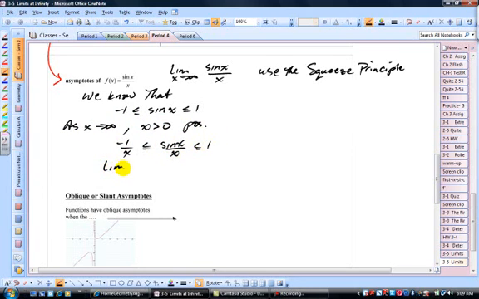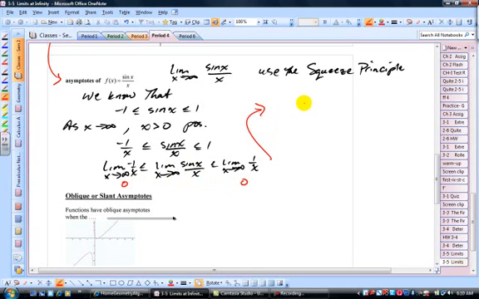I'm going to take the limit now as x approaches infinity: negative 1 over x there, and the limit of the middle function as x approaches infinity, and I'm going to do that for everything. And notice that this limit is 0, that limit is 0. So the limit in the middle must be bounded by these two zeros.